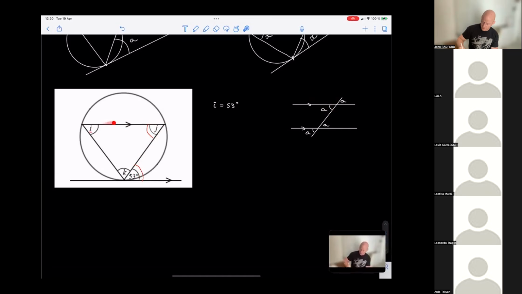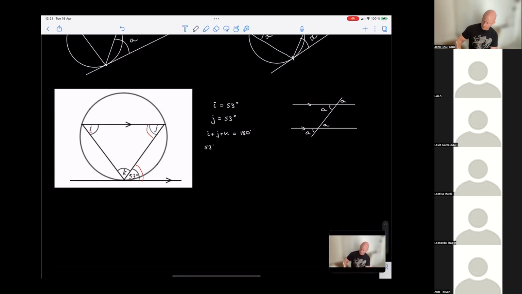On top of that, because this line is parallel to this one, it allows me to state that J must also be equal to 53 degrees. Finally, to find this unknown angle K, I can simply state that the sum of the interior angles of this triangle has to add up to 180. So I plus J plus K equals 180.